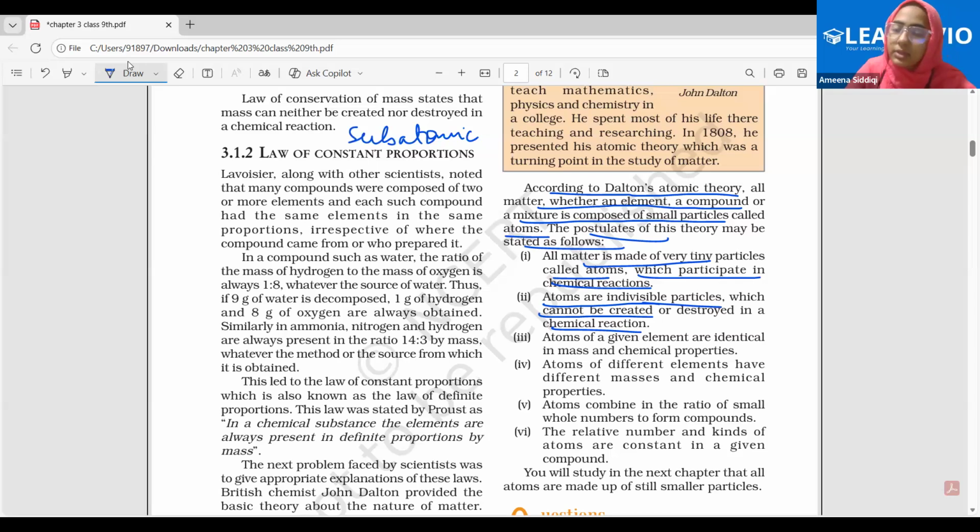Write it in the next line. This was the drawback of Dalton's atomic theory. That's it. Come to the next point.